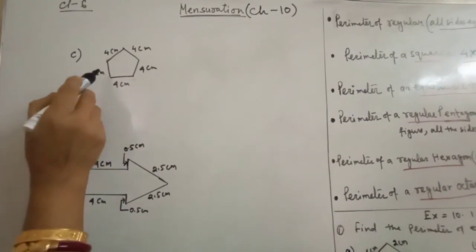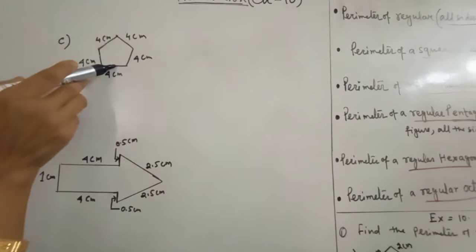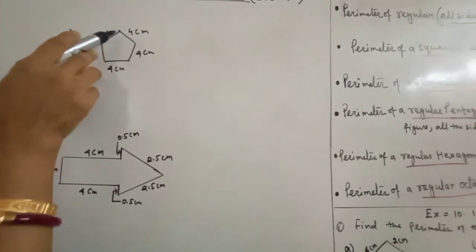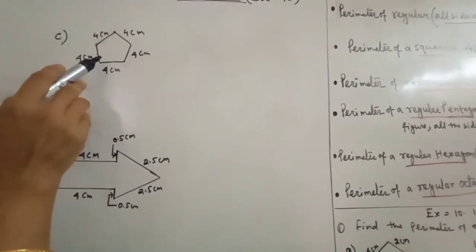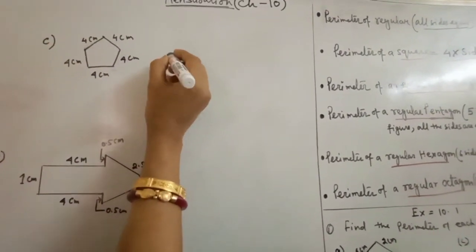Next, come to the next figure. It is a pentagon. Count 1, 2, 3, 4, 5, and all the sides are equal in length, so it is a regular pentagon. You know the shortcut way to find the perimeter of a regular shape.